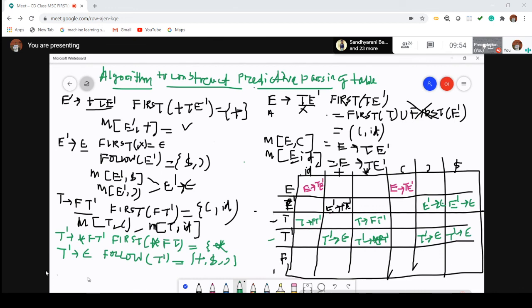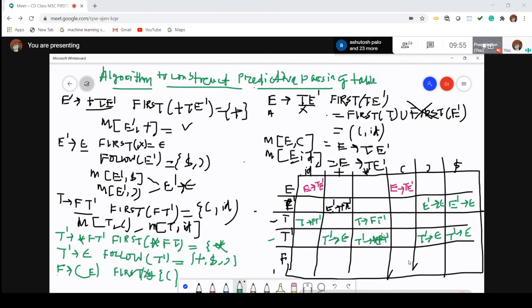The last productions are F to bracket of E and F to ID. If it is F to bracket of E, I have to find the first of this bracket of E. The first set is only the left parenthesis.